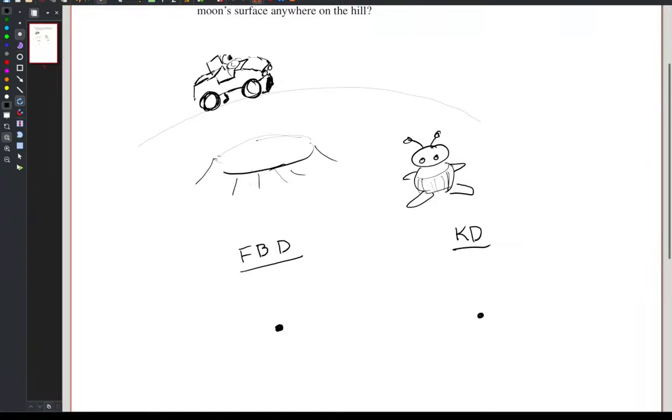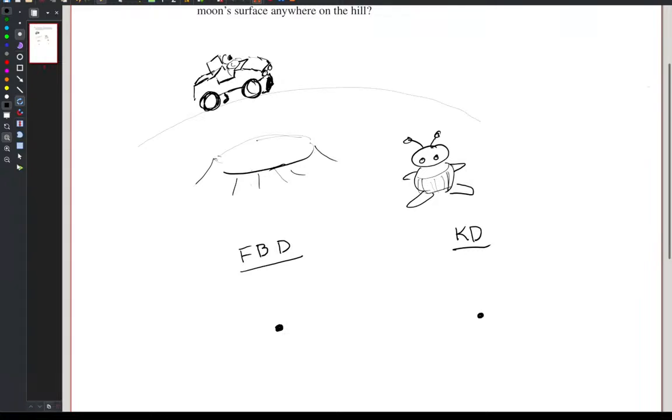Then if we're talking about centripetal acceleration, that's going to fall into our kinetic diagram. It's not the end of the world to put kinetic diagram terms in the free body diagram. Technically centripetal acceleration can be a centrifugal force in your free body diagram.